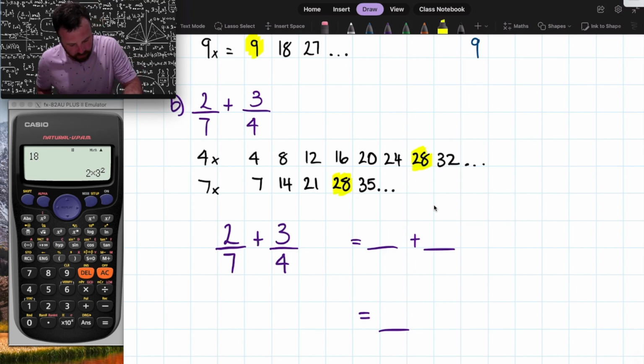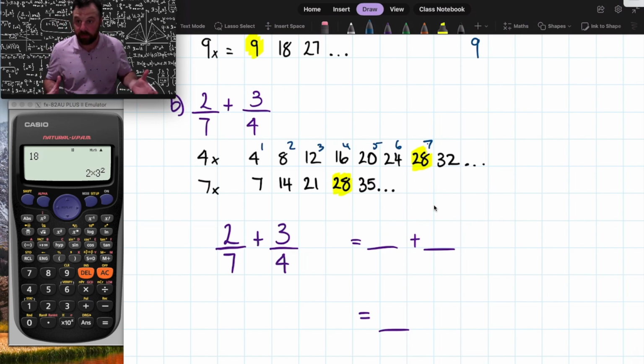Well, how did I make 4 into 28? 1, 2, 3, 4, 5, 6, 7 4s were 28. So I'm going to multiply by 7. Need to multiply the top by 7 as well. So I end up with 21 over 28. How did I make 7 into 28?